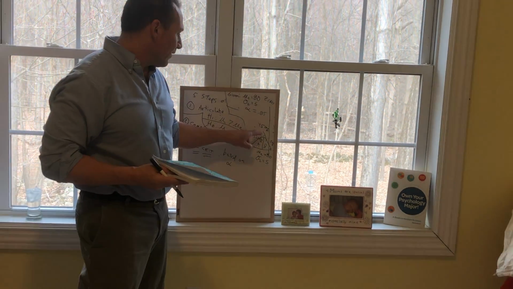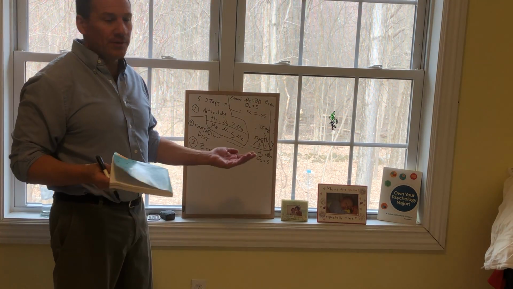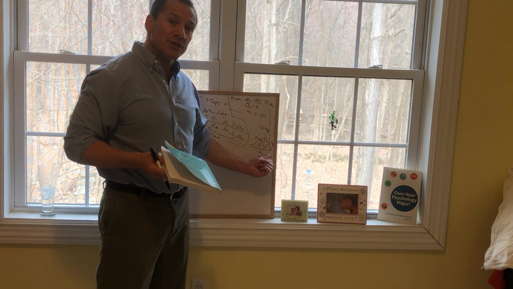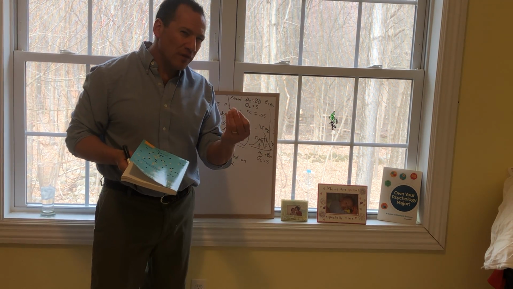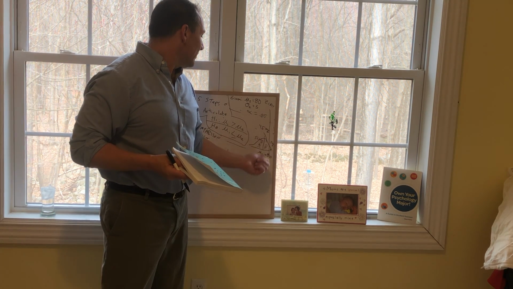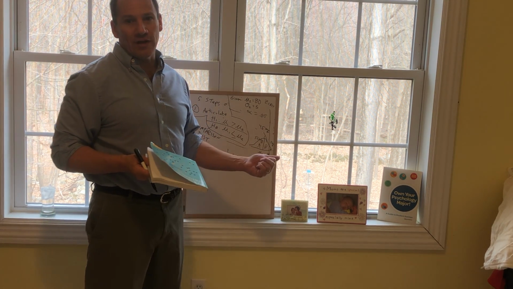Because 50 plus 45 plus 5 is 100. So the entire distribution is 100. That special alpha region is 5%, the part we're defining as very unlikely to be due to chance. And section B is 45%.